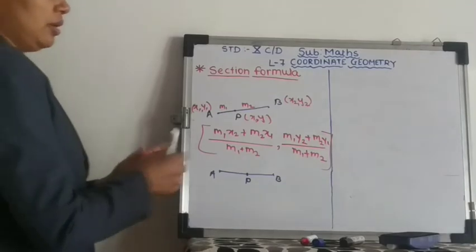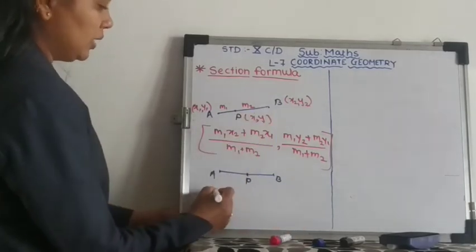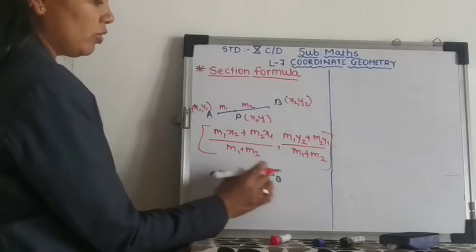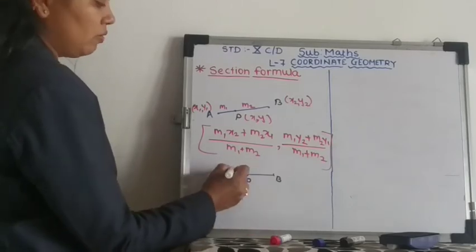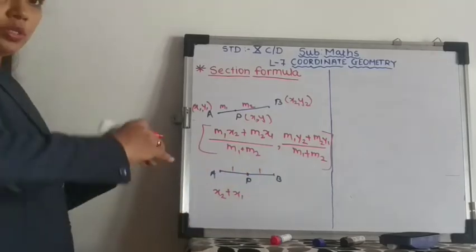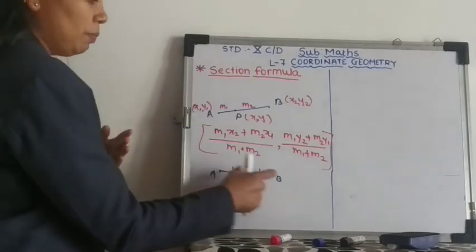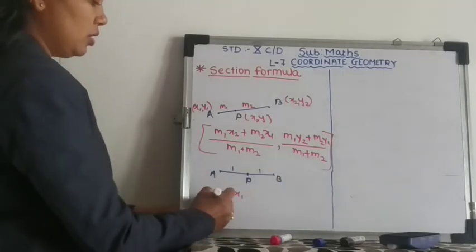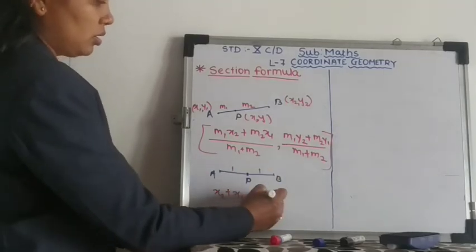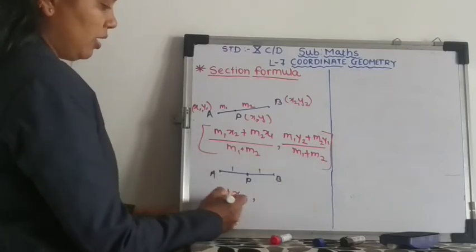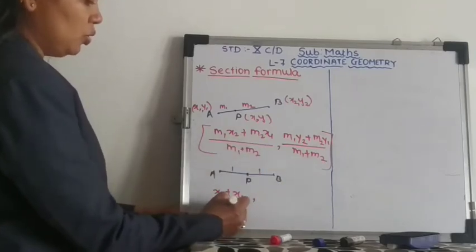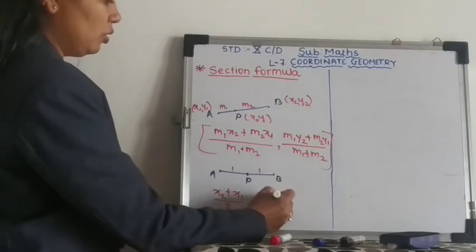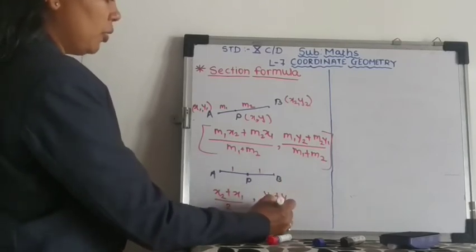At that time the ratio will be 1 is to 1, because both parts are the same. So x equals x2 plus x1 upon 2, and y equals y2 plus y1 upon 2.